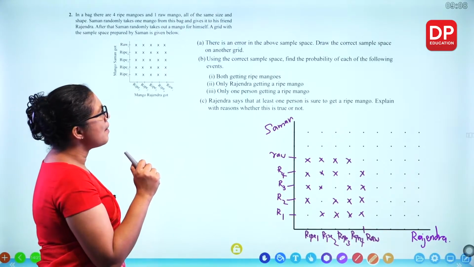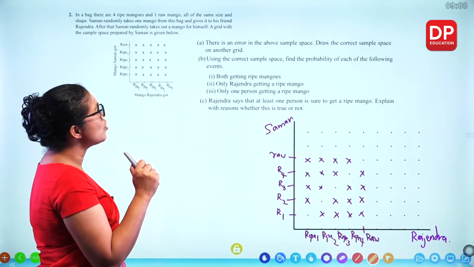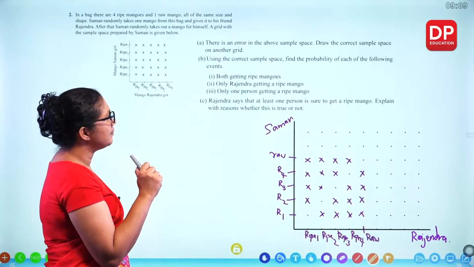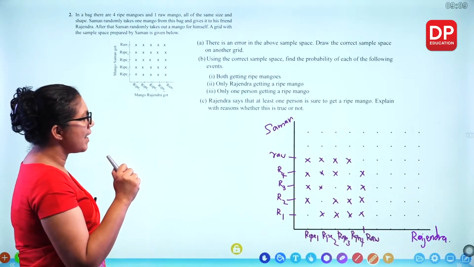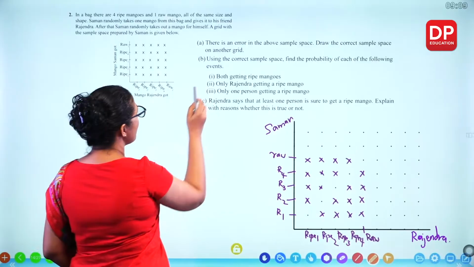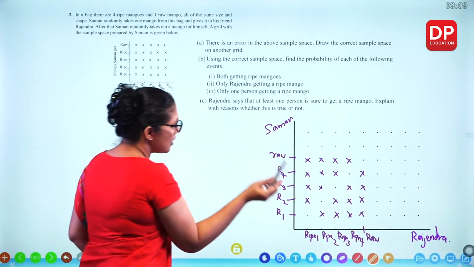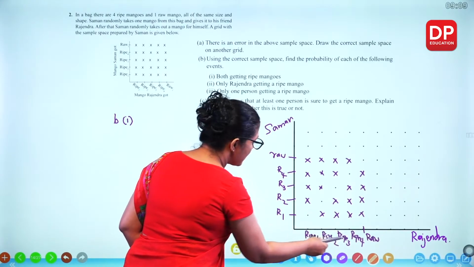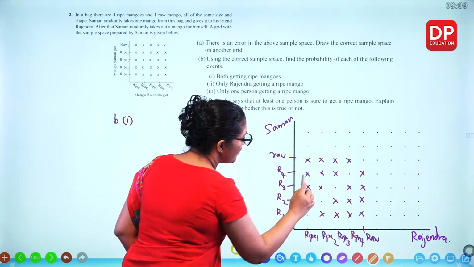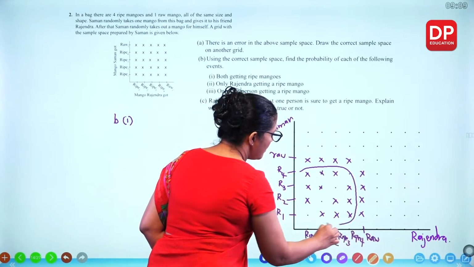Using the correct sample space, find the probability of each of the following events. Both getting ripe mangoes. B1. Both getting ripe means this side with this one, so this whole set.